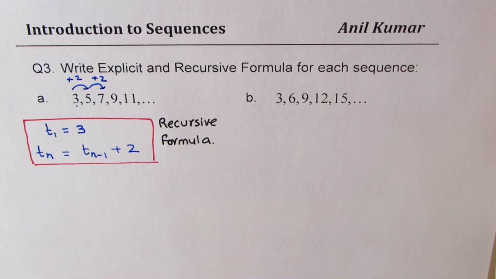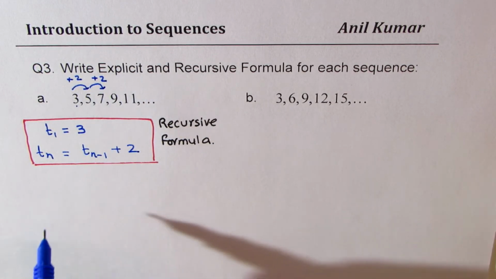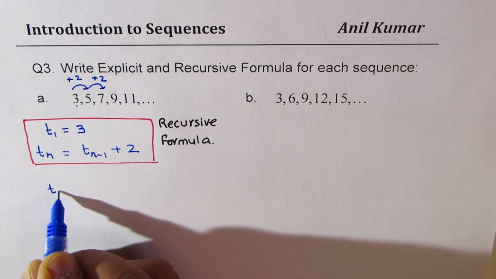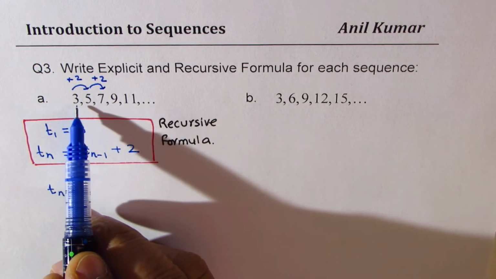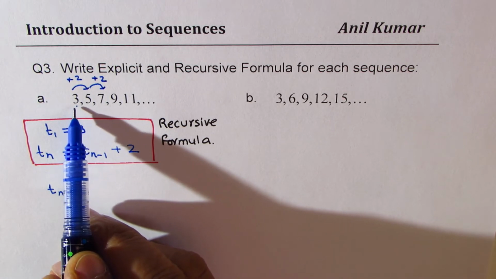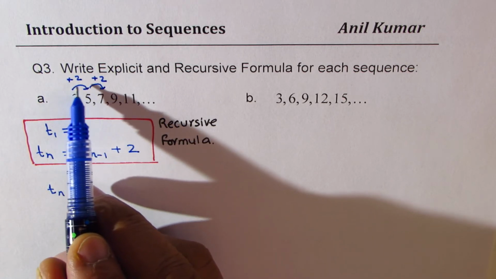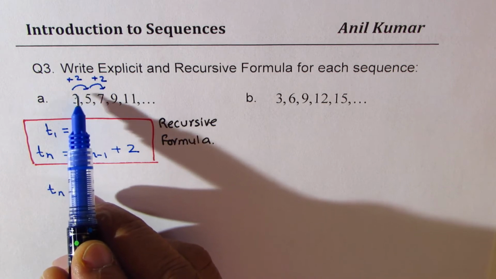Now, let's try to give a general formula, that is also called explicit formula, where we want to write what Tn equals to. So we have to write it straight. What is Tn equals to, right? First term is 3, and it is going up by 2 each time.